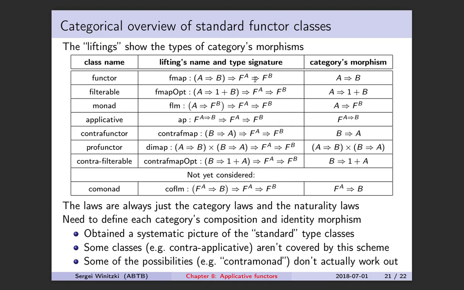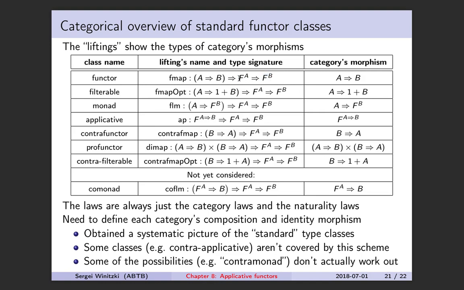And by lifting, I mean it was a higher-order function that took a function like this and produced another function. The function on the left was of one type, and the function on the right was of a different type. And on the right, it was in the functor f.